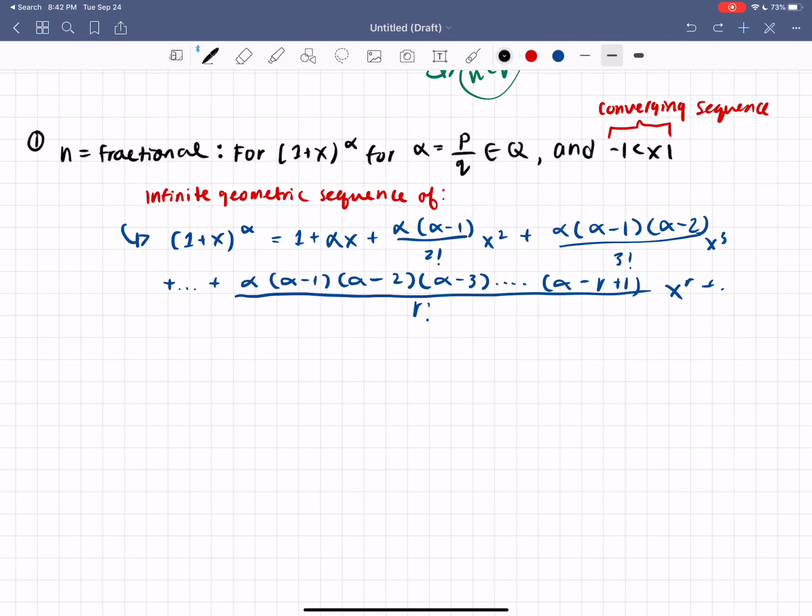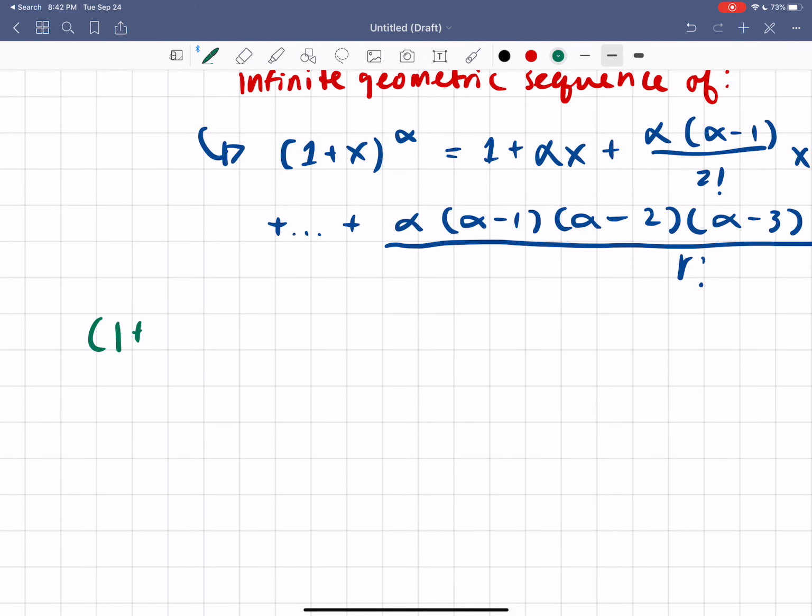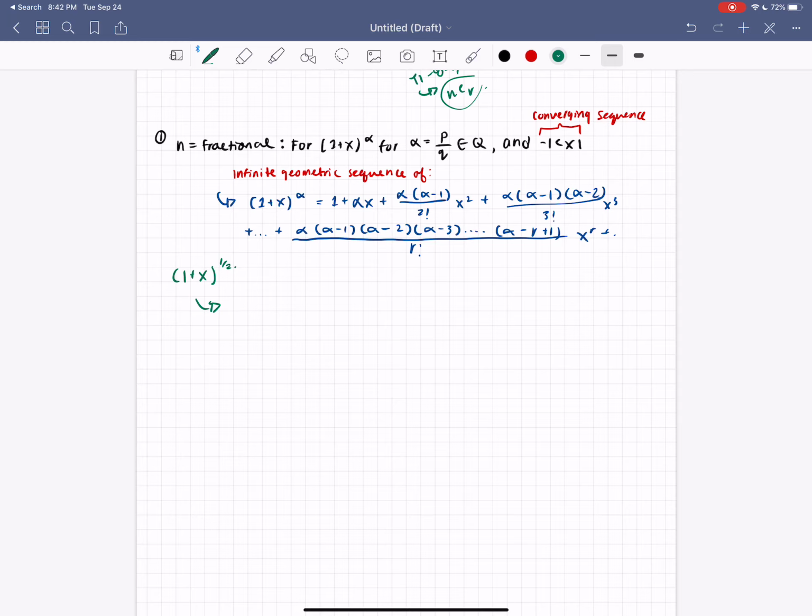So say my alpha value was 1/2, okay? How would I do this? Well, pretty simple. I just plug my stuff in. So I do 1 plus 1/2 x plus 1/2 times (1/2 minus 1), which is negative 1/2, over 2 factorial x squared.